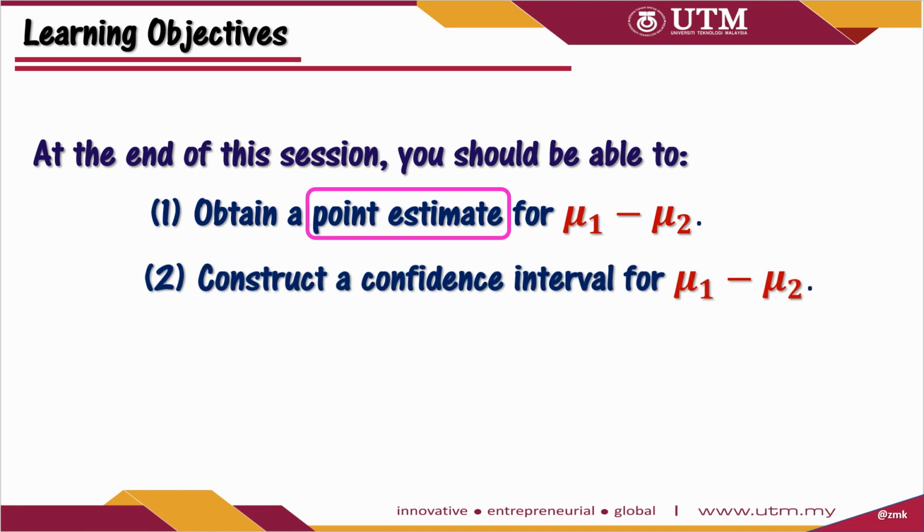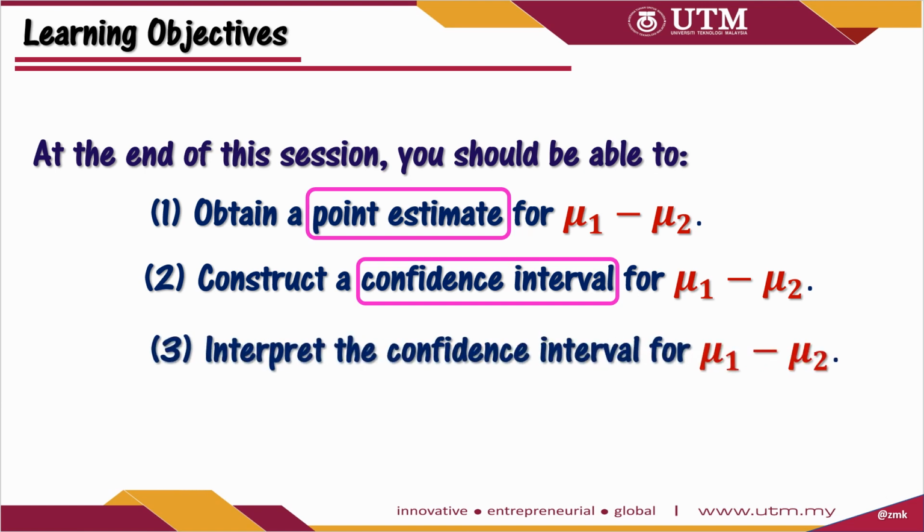Second, you should be able to construct a confidence interval for mu1 minus mu2. And finally, you should also be able to interpret the constructed confidence interval for mu1 minus mu2.